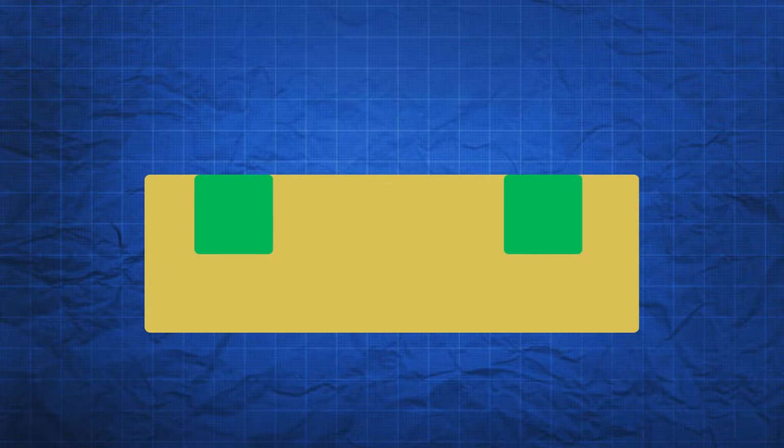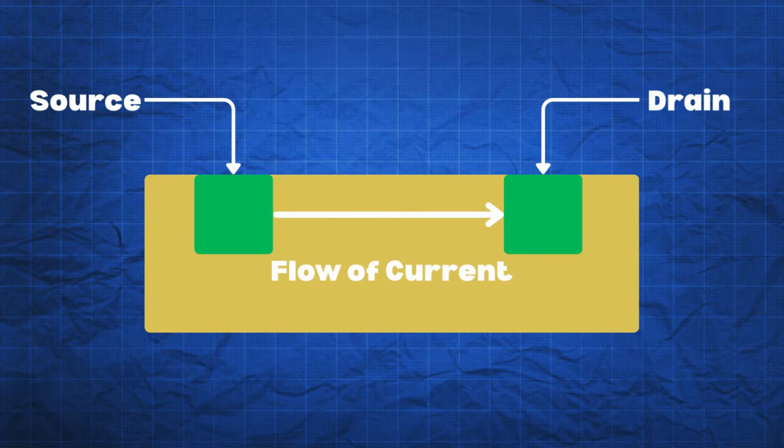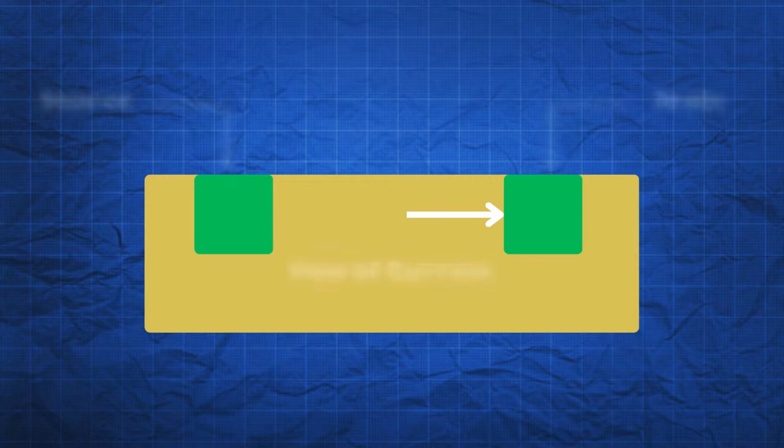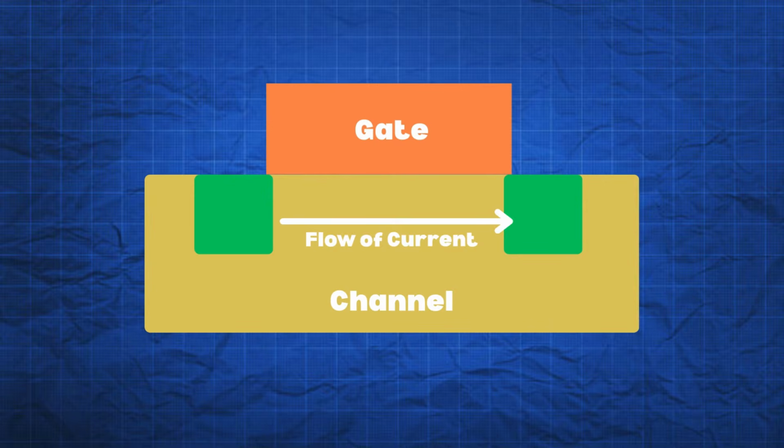So a MOSFET is basically a switch consisting of a source and a drain, which are the entry and exit points of the current through the transistor. The third element of the transistor is the gate. Now, the gate is what allows or restricts the current to flow through the channel from the source to the drain.